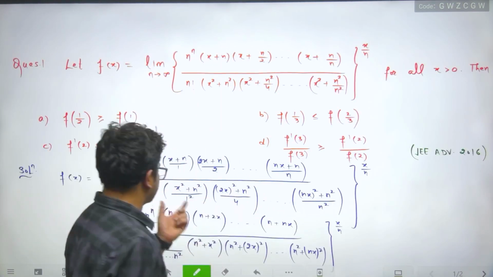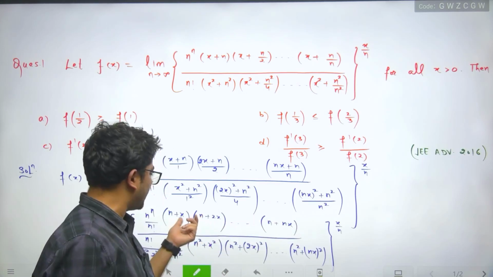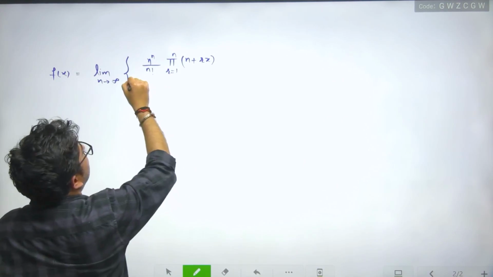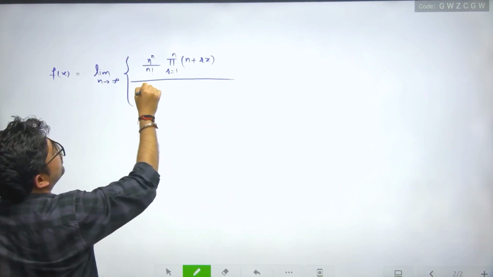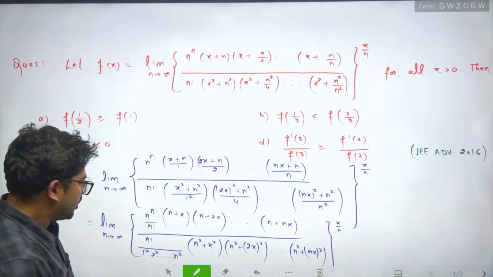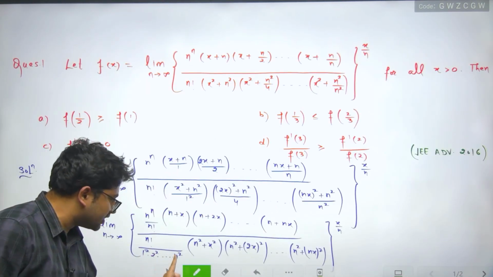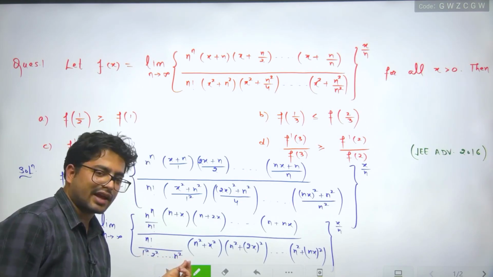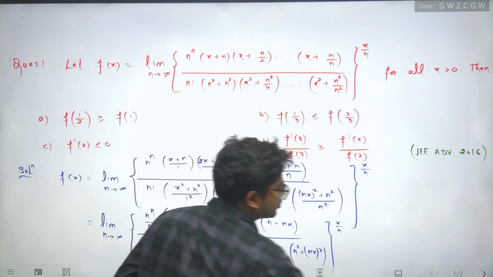You can write this thing as the product for r from 1 to n of (n plus rx), and in the denominator that thing is divided by n factorial, and divided by 1 square, 2 square, 3 square till n square. So that is (1 into 2 into 3 into till n) whole square, which is n factorial square.